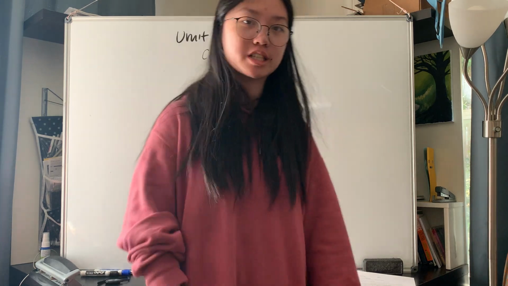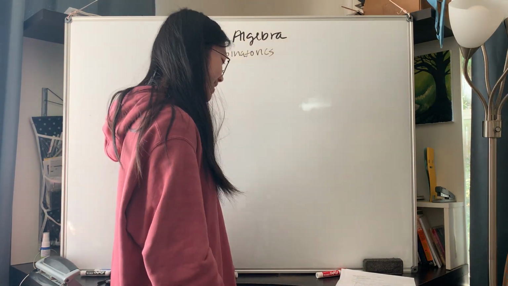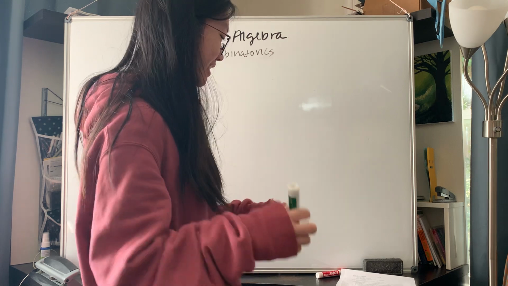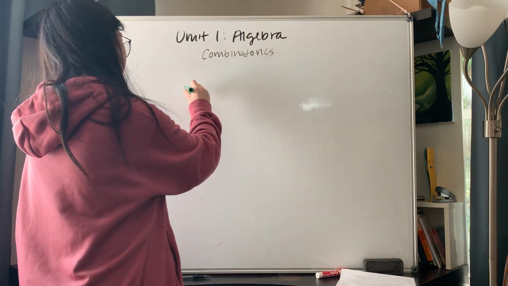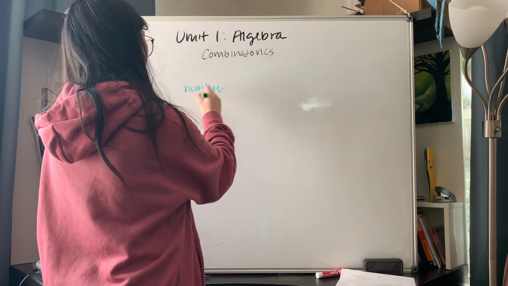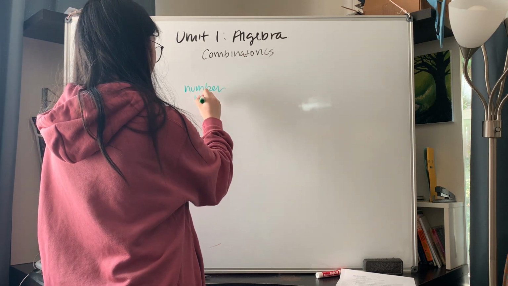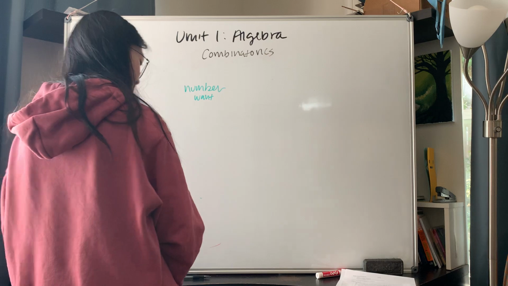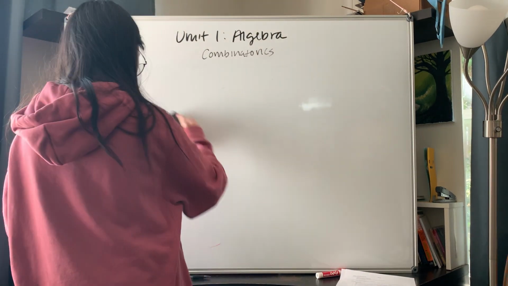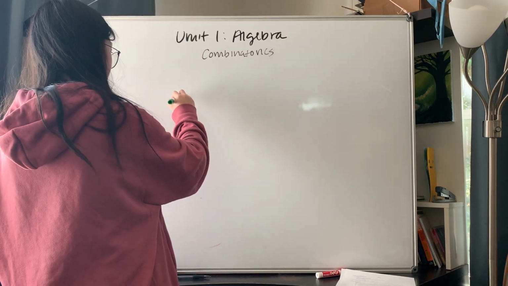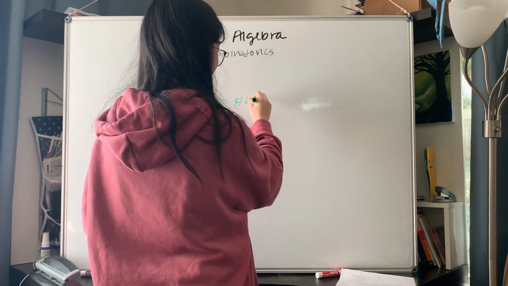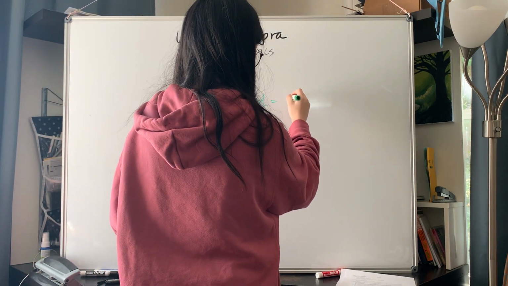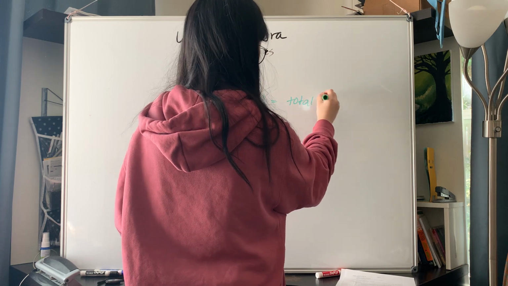In this video, we're going to talk about complementary counting, and complementary counting is basically this: the number of stuff that we want, number good, plus number bad, equals total number.